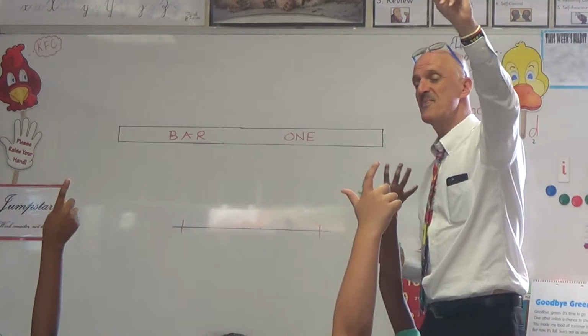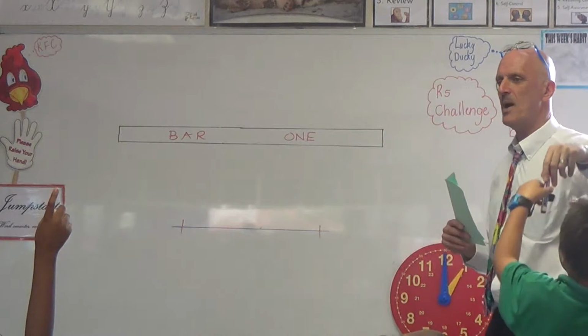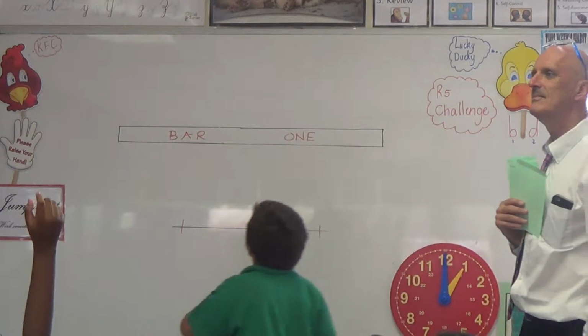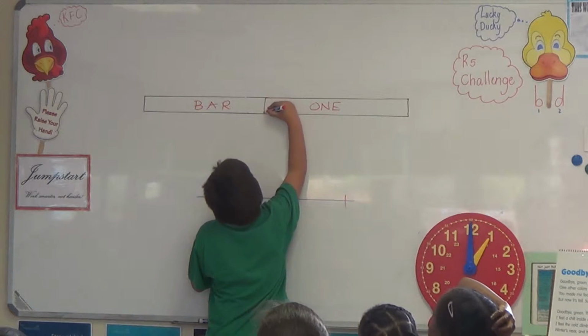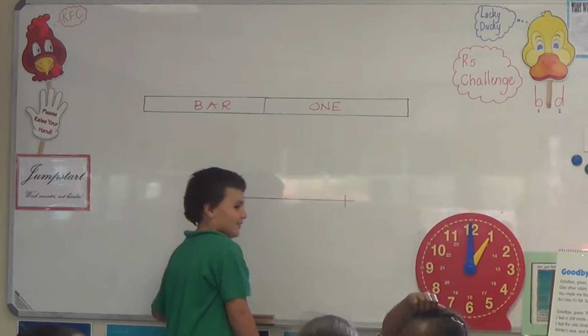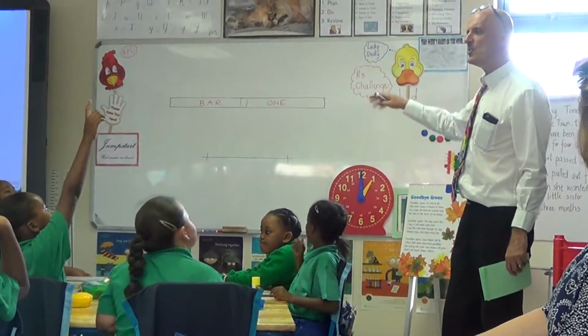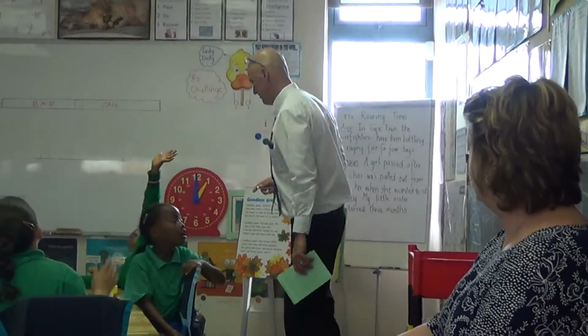Listen to the question. Where I would cut my ball? Hey, Joshua, really? Yes. What could I use to check? A ruler.